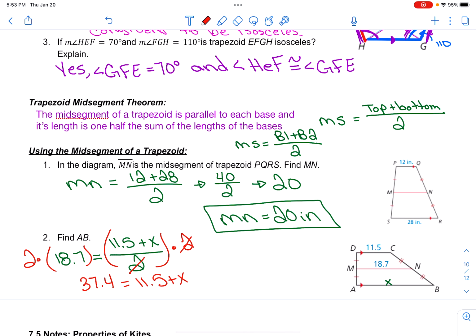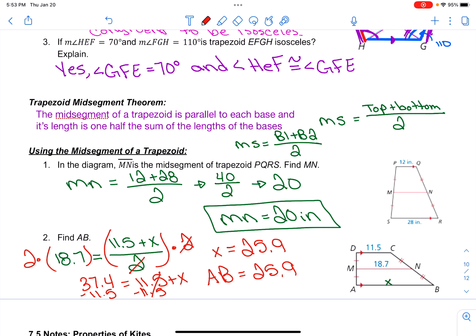Because these 2's over here just canceled. And so then at this point, we just have to subtract 11.5 from both sides. And that tells us that X equals 25.9. And X was our AB. And it doesn't look like they gave us measurements on this one. So AB is 25.9.